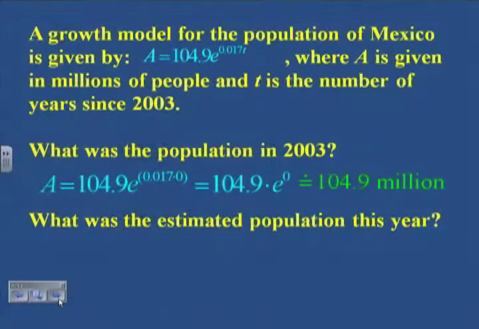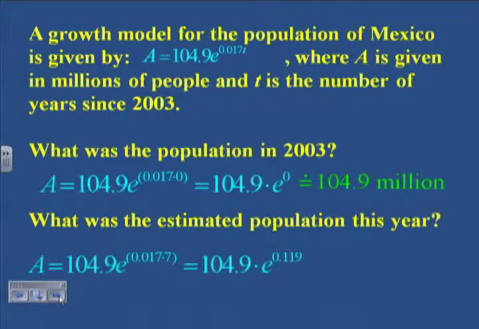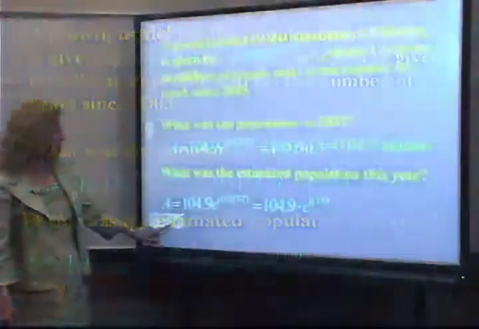Now, what was the population we might have estimated for this current year? Well, I don't know about you guys, but for me, the current year right now is 2010. So that means T would have to be 7, right? So it's 7 years since 2003. I enter all that into the calculator.